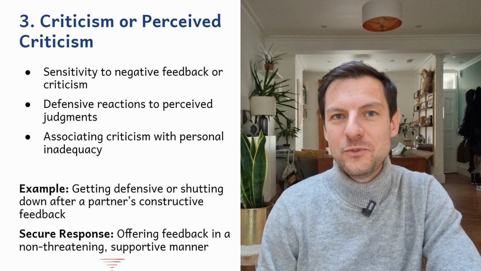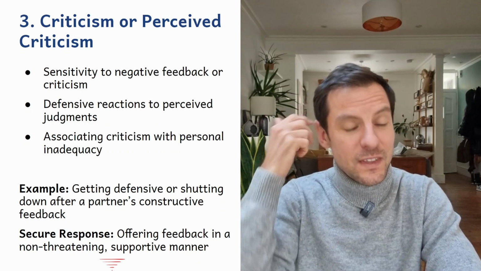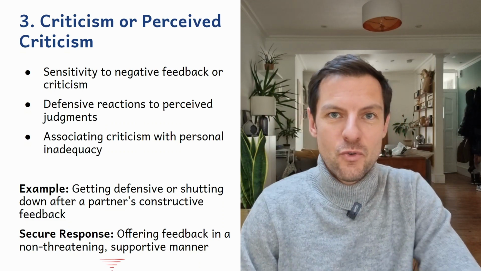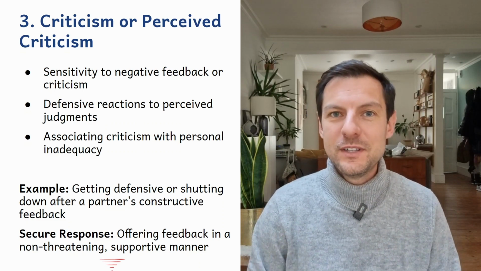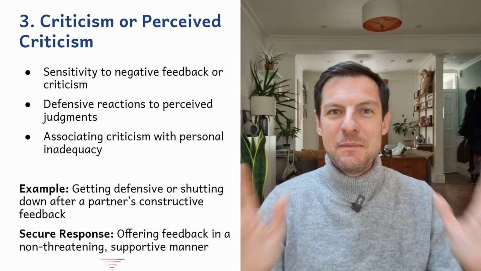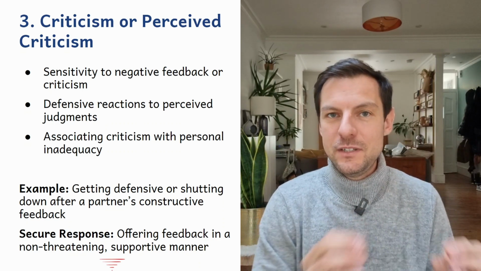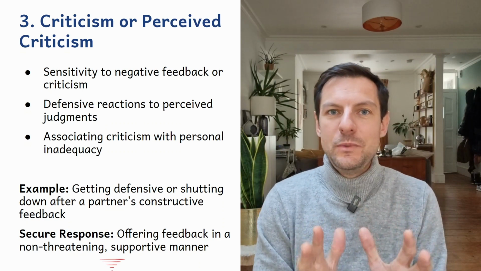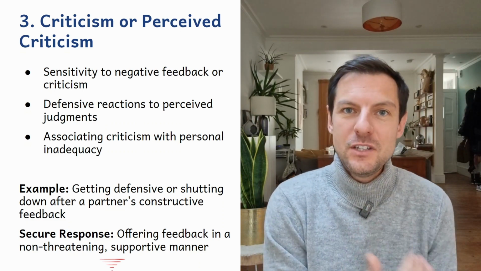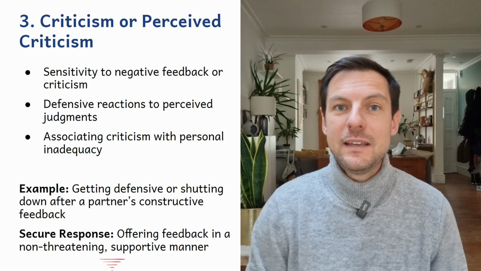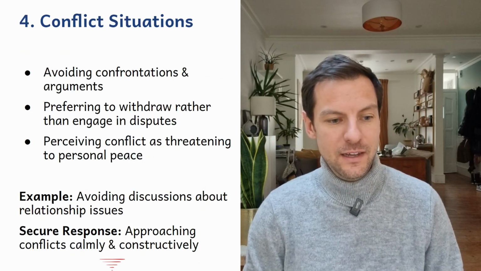So one way to deal with that is to offer feedback in a non-threatening way. You have to be very cautious. Of course, in a relationship, you can't always say amen to everything your partner says, but it's very important to adapt your communication and teach. Again, we are teaching that person how to be secure. Teach them that constructive feedback can help them in their life.